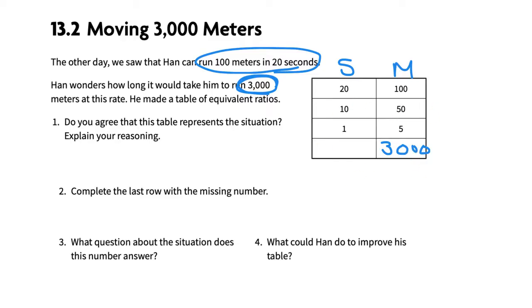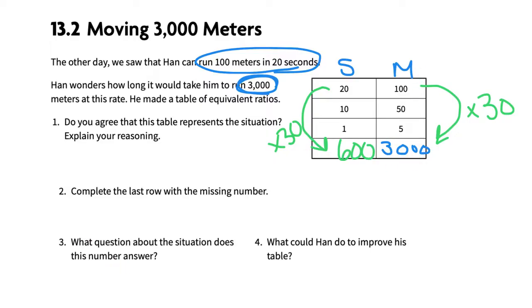If I want to know how many seconds it would take to run 3,000 meters, well, I can see that 100 times 30 gives me 3,000. So what am I going to do with that 20? I'm going to multiply by 30. And that's going to give me 600 seconds to run 3,000 meters.